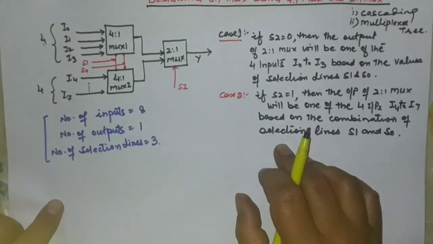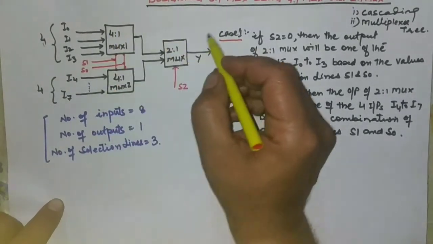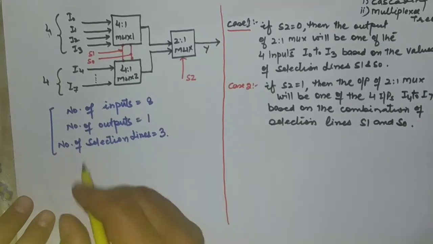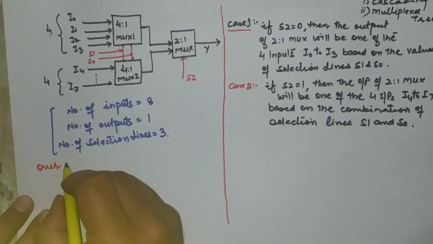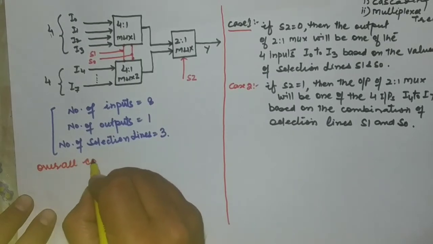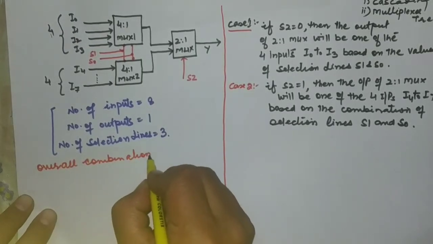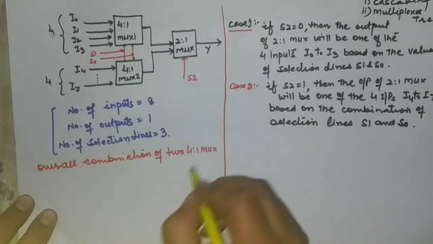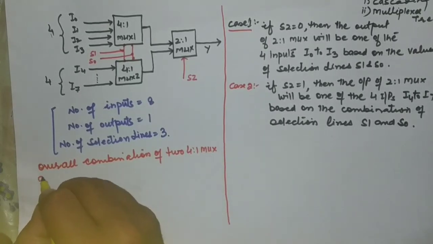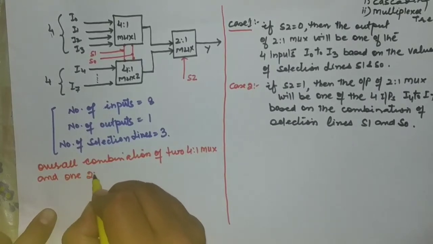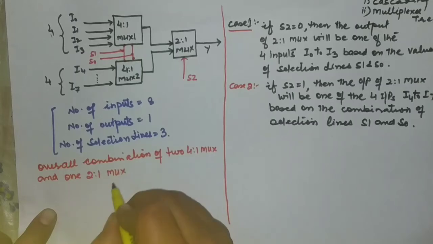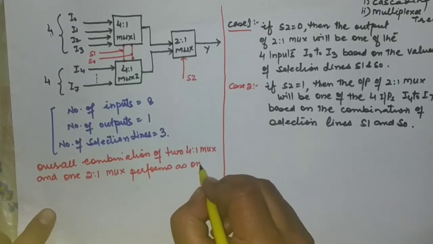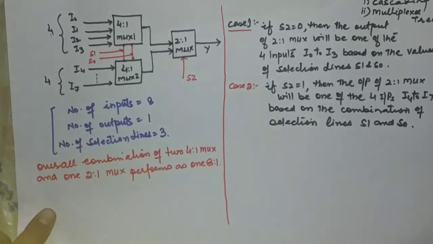So now if we want to write what is all about this, we can say that overall combination of 2 4 to 1 multiplexers and 1 2 to 1 multiplexer performs as 1 8 to 1 multiplexer.